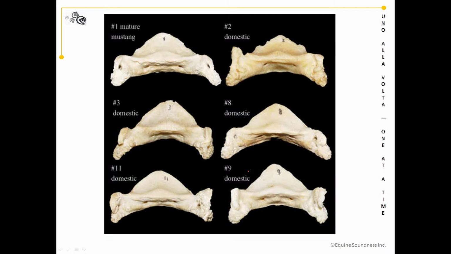And here we have Cheryl's collection again with the different vaults in those coffin bones. Some are flatter, some seem to be steeper.